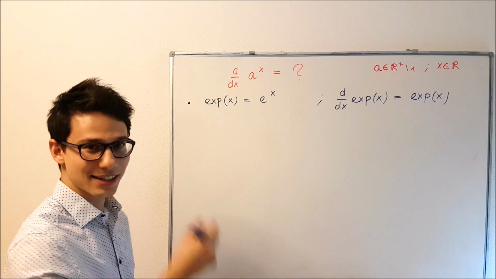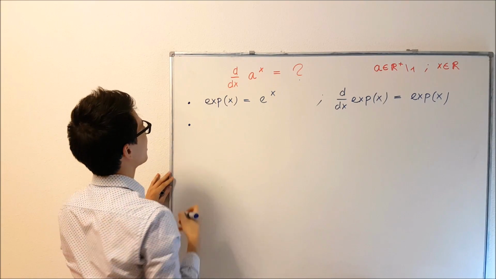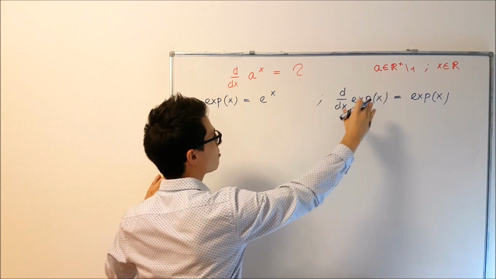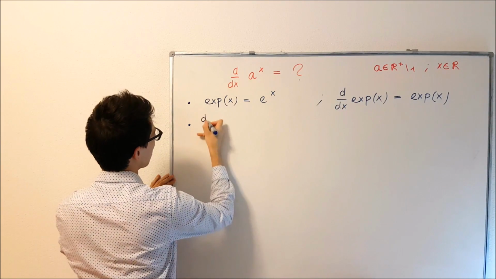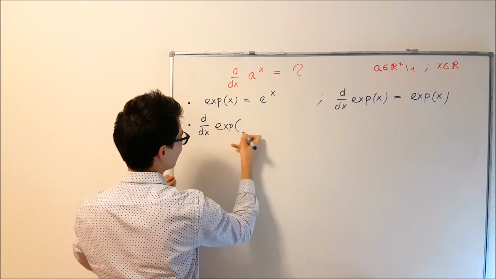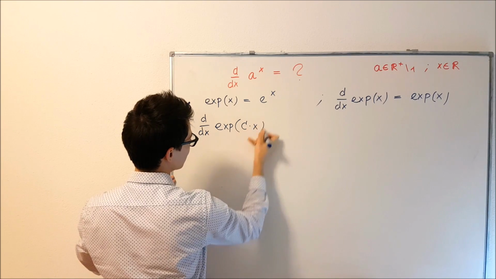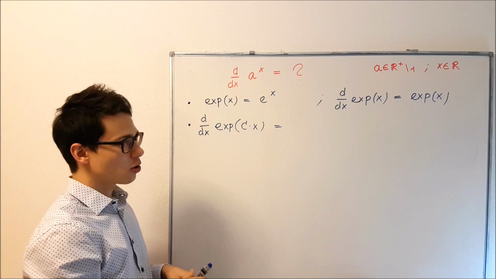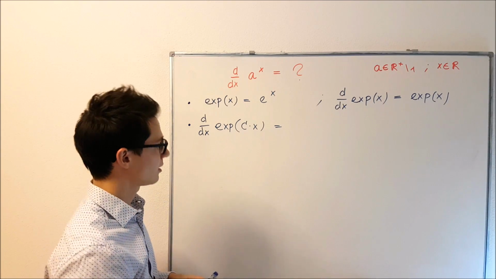Okay, so in the next step, let's try and calculate not only the derivative of e to the power x, but the derivative of exp of c times x. And to do this, we're going to need the so-called chain rule to calculate derivatives.